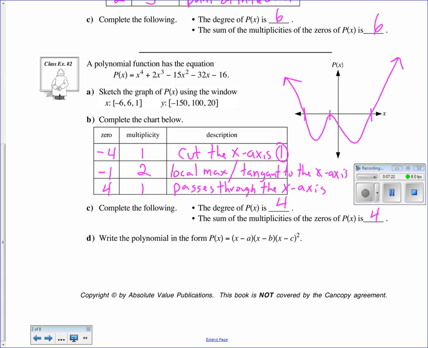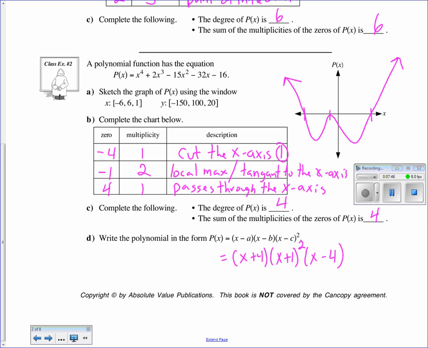And now, based on what I know from all of my lessons, I can actually write it in factored form. I have x plus 4. I've got x plus 1. And I've got x minus 4. And one of them has to be doubled. It's the x plus 1 that has to be doubled.